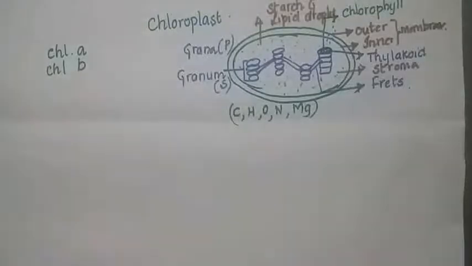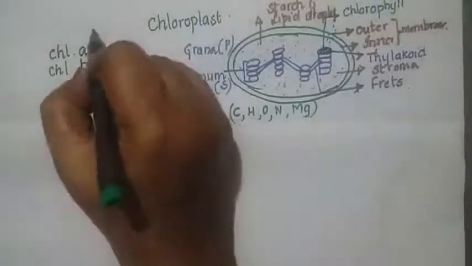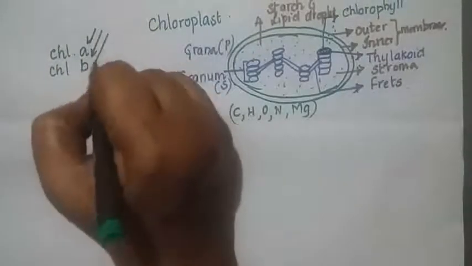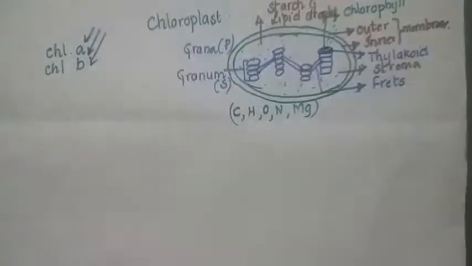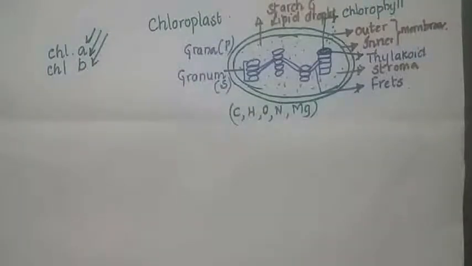These are the 2 types which absorb the maximum sunlight to carry out photosynthesis. And why are the leaves green in color?